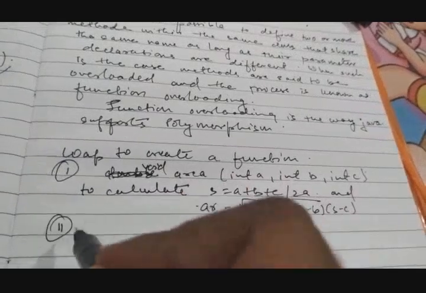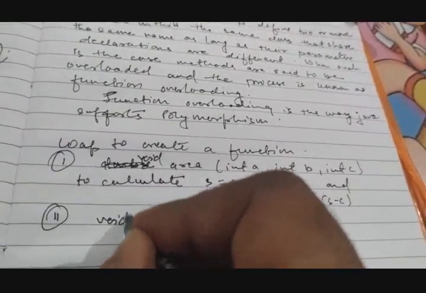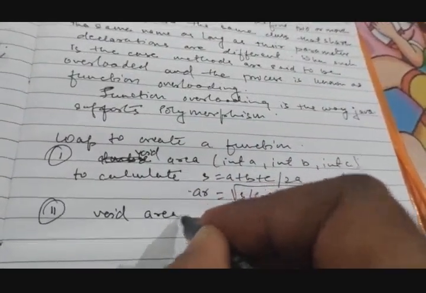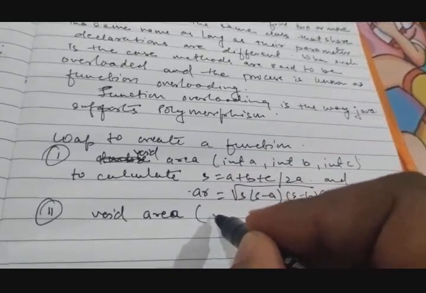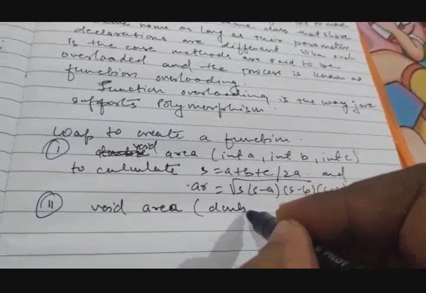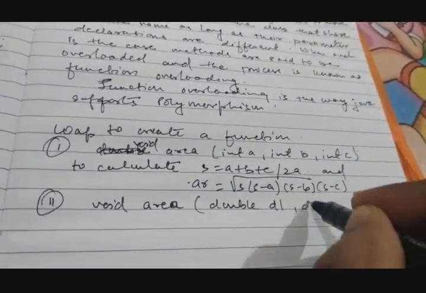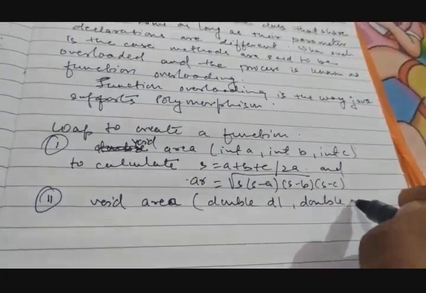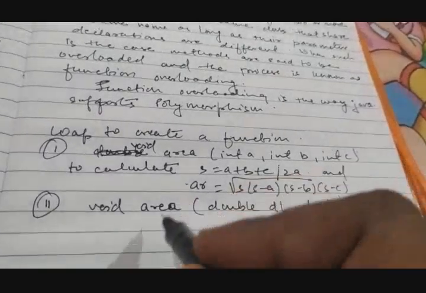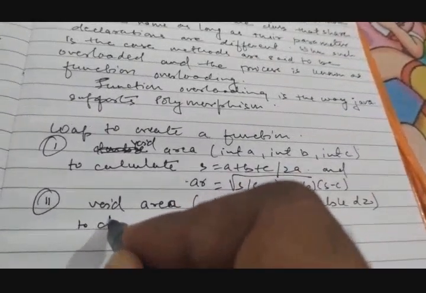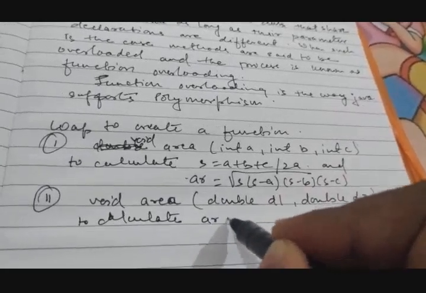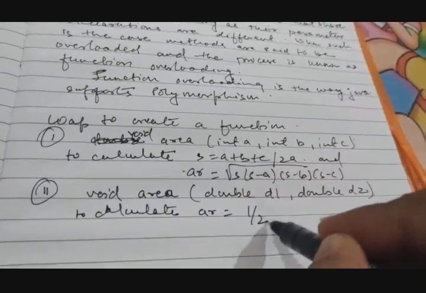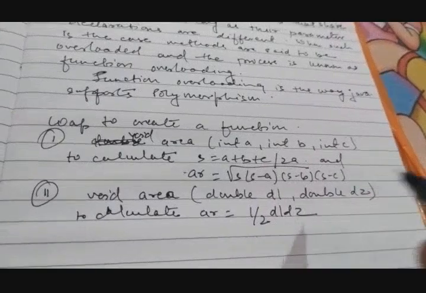The second, void area, double d1, double d2 to calculate ar equals to half d1 d2.